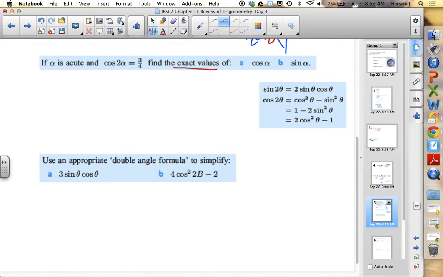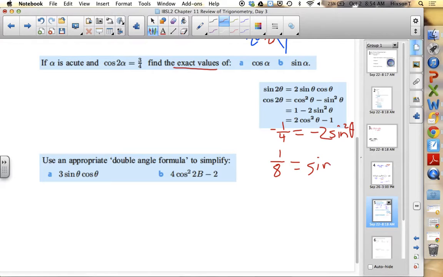So here you're taking 3/4, you're subtracting 1 now, so you get negative 1/4. Negative 1/4 equals a negative 2 sine squared. Okay? So when you divide by a negative 2, it's 1/8.